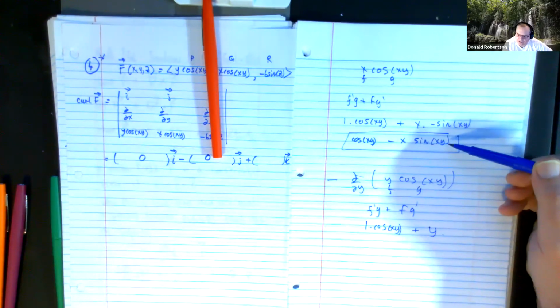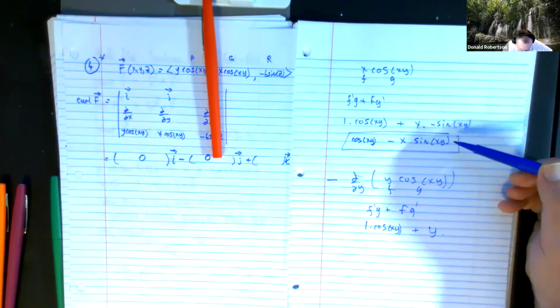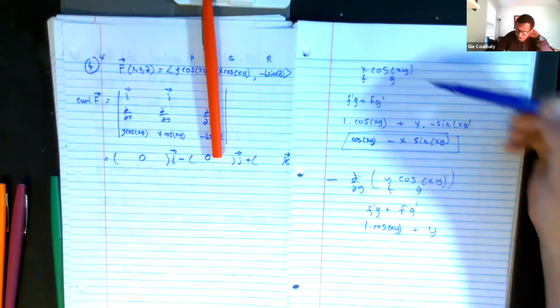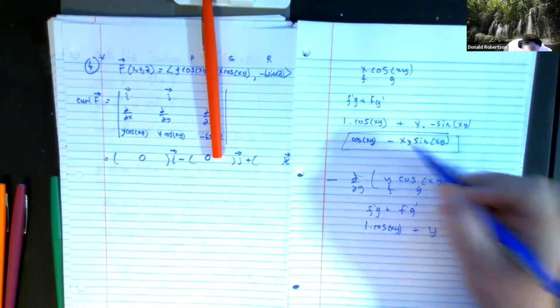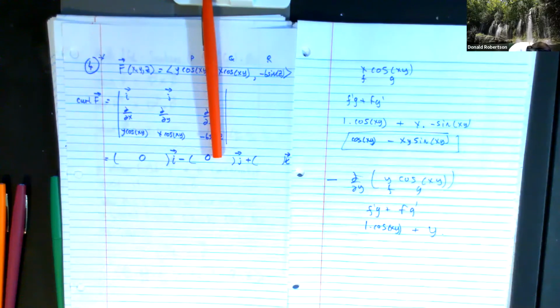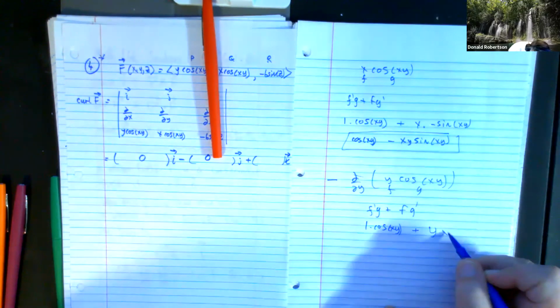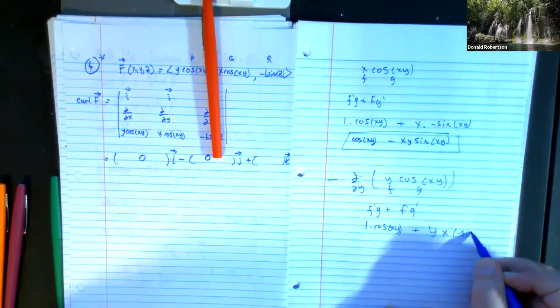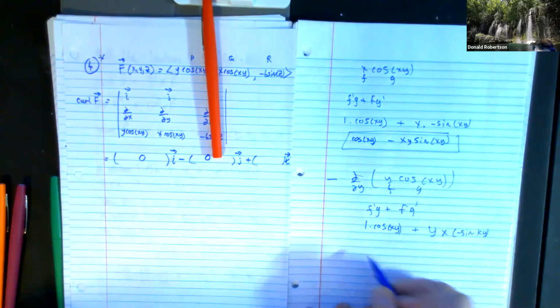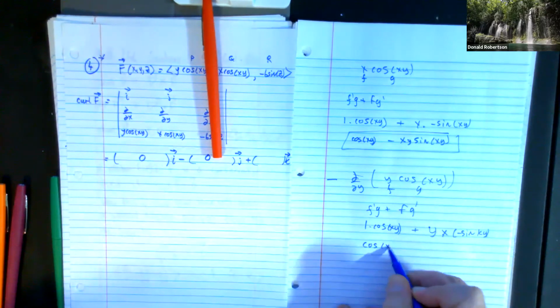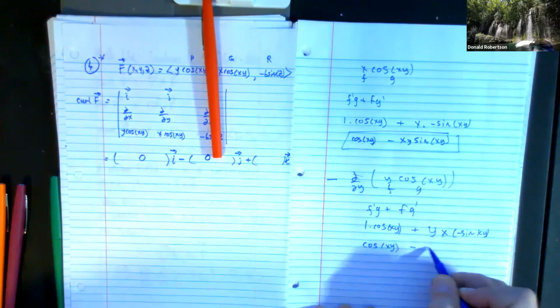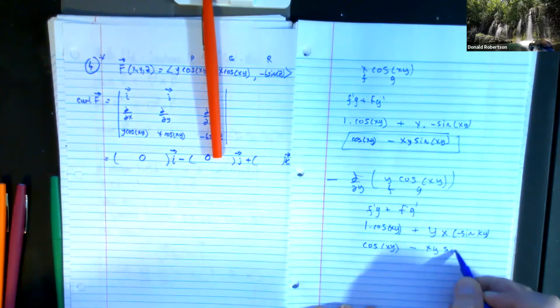There's something missing here. What do you get when you differentiate xy with respect to x? You get a y. Okay, at least I caught it. And this time you're going to get a cosine, you're going to minus sine xy. So that's going to be a cosine of xy minus xy sine of xy.